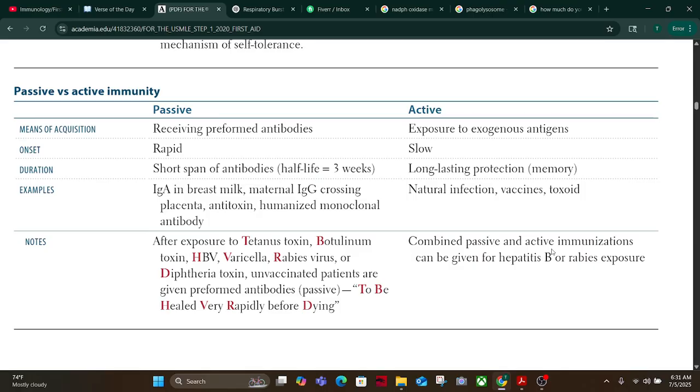Some of these B cells become plasma cells, which make antibodies now. Other B cells become memory B cells that stay in the body to respond faster and stronger if that same bacteria comes into the body again. That's why we write long-lasting protection and memory next to it. Examples: natural infection, vaccines, and toxoid.